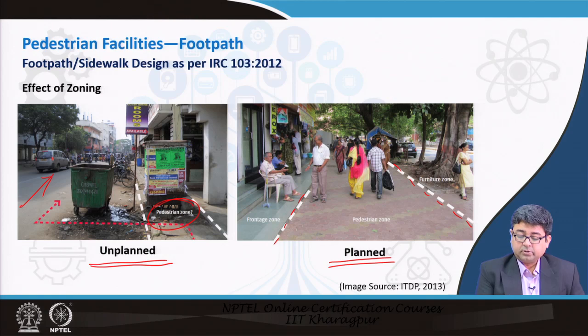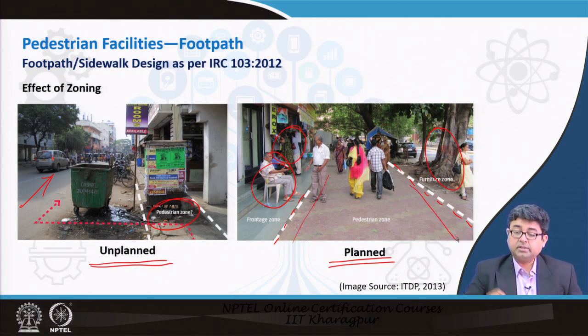You have the frontage zone, you have your shops here, people can sit along the shops, do their business along the shops. There is a furniture zone where all the trees are and so on, and there is a clear pedestrian zone. So, this is how you should design for a sidewalk when you are looking at any urban area in India. This is as per IRC.